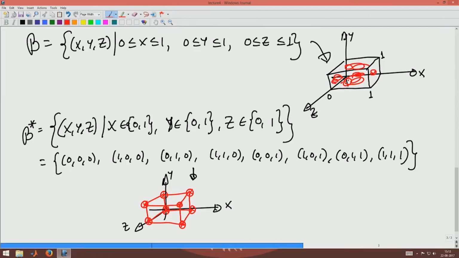Okay. This is an example of a countable set, a discrete representation of the body. This is an example of a countless set, a continuum representation of the body.